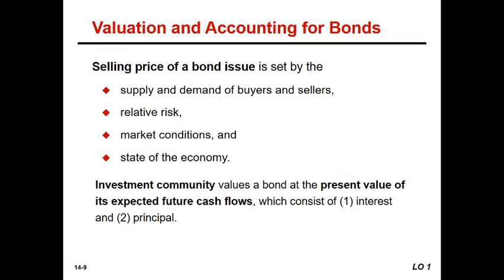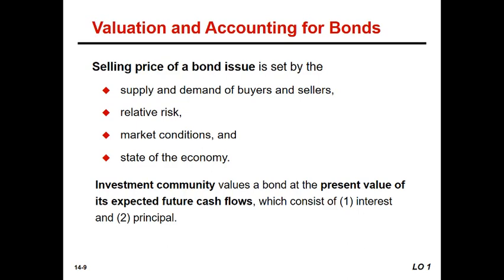What a bond will sell for in the market, because this is relatively free market conditions in the United States, is going to be a factor of a variety of things. One is the supply and demand of the buyers and sellers. This is the same type of concept of supply and demand that you covered in your economics classes. The risk that is associated with this specific issuer or type of bond. Because remember, there's different types of bonds. So bonds that are secured are less risky than ones that are unsecured.